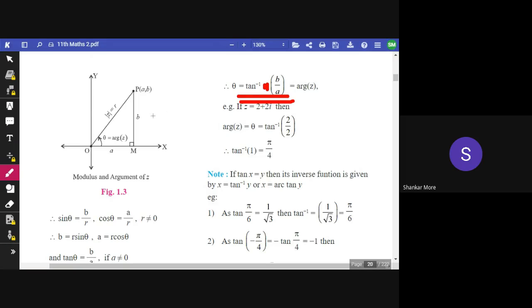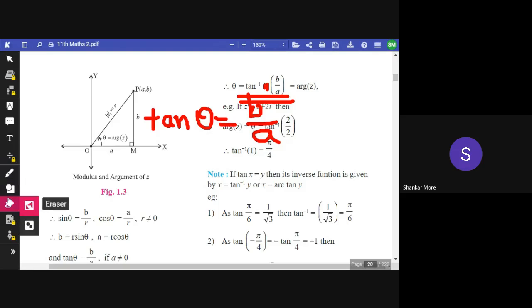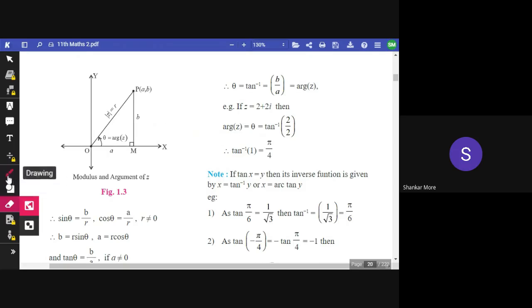So tan theta is equal to b by a. If tan inverse of b by a is theta, then tan theta is equal to b by a, correct? So these are the two things you have to remember: modulus and argument.